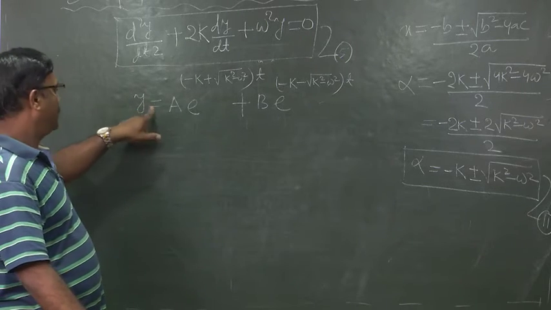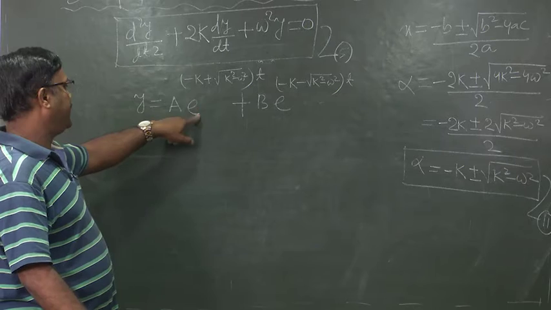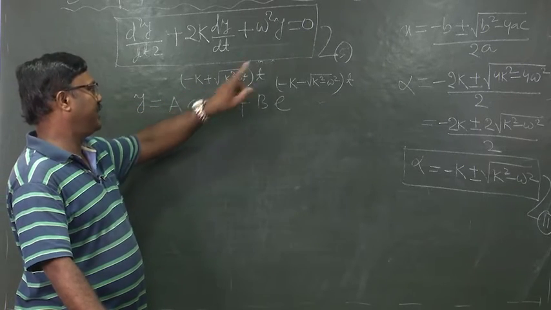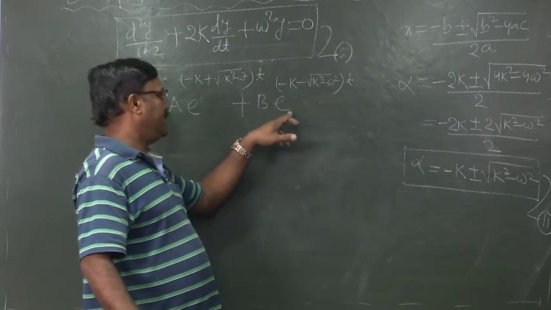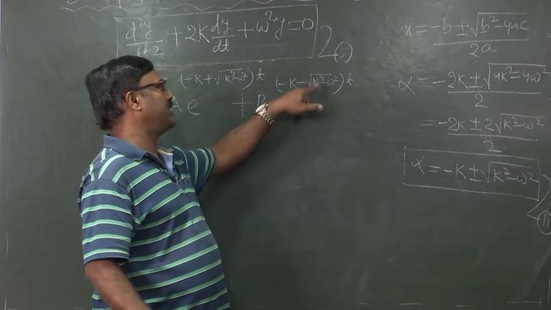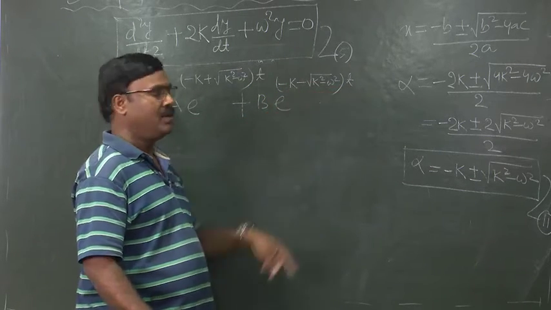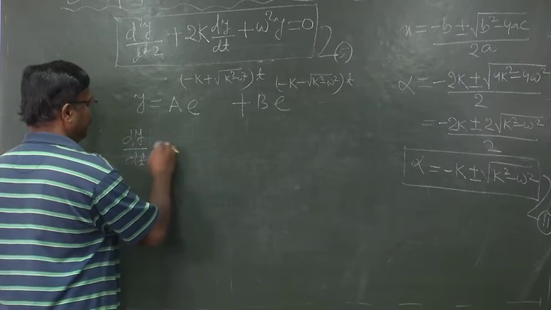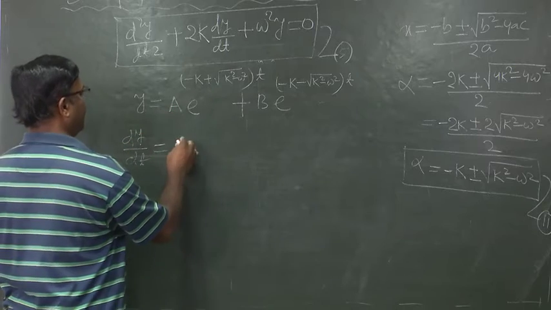We know that y is equal to a e to the power minus k plus root over of k square minus omega square into t, plus b e to the power minus k minus root over k square minus omega square whole into t. So, dy by dt will be how much?